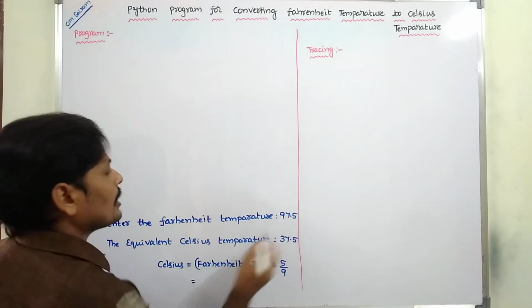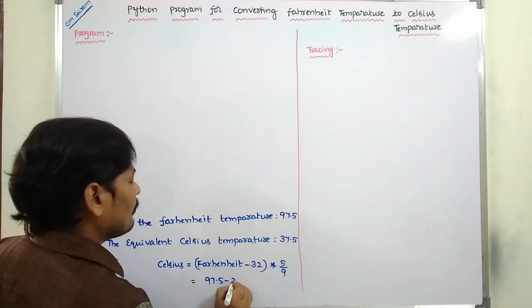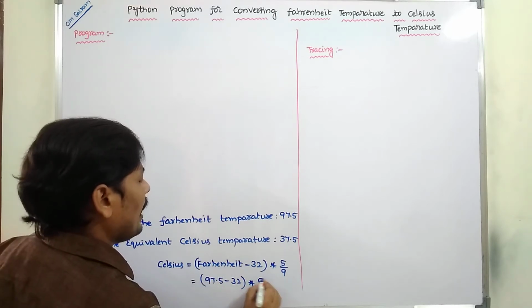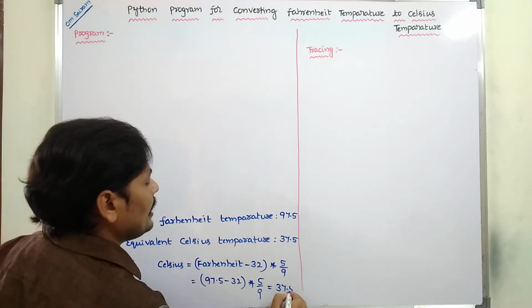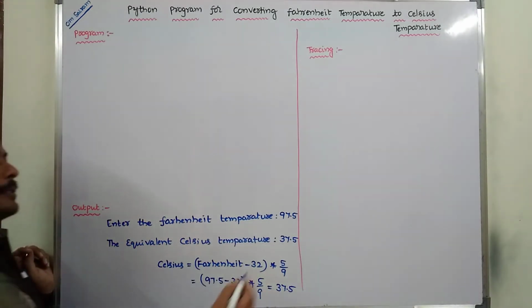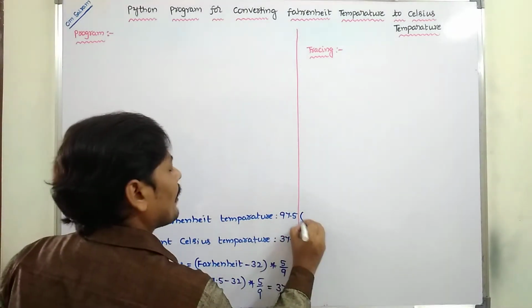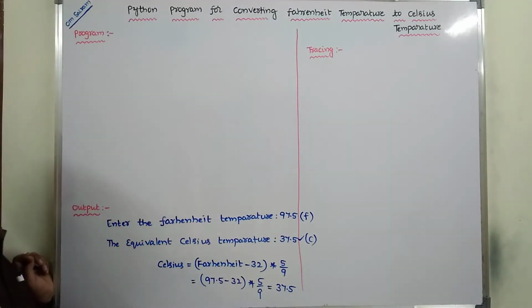What is the temperature we are given? That is 97.5 minus 32 into 5 by 9. So here we are getting 37.5. So this is the answer. 37.5 is the answer. This is the Fahrenheit temperature and this is the Celsius temperature.